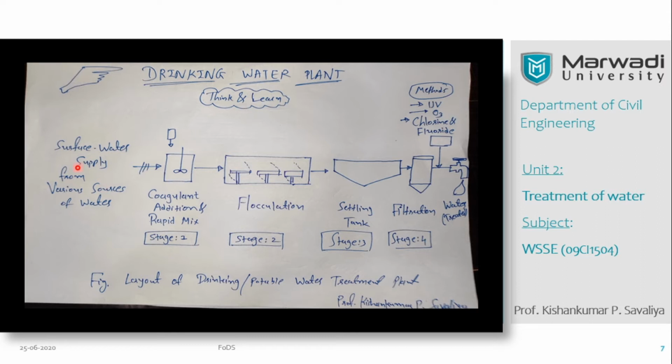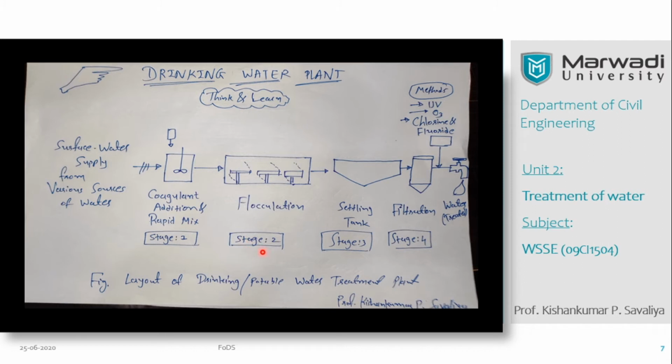That means you are aware of the various sources of water. This surface water is supplied to the water treatment plant. First of all, I am reading all the stages, then we will understand. Stage number 1, coagulant addition and rapid mix.